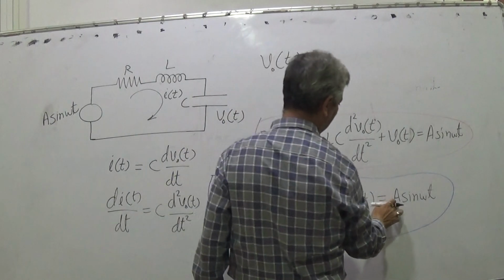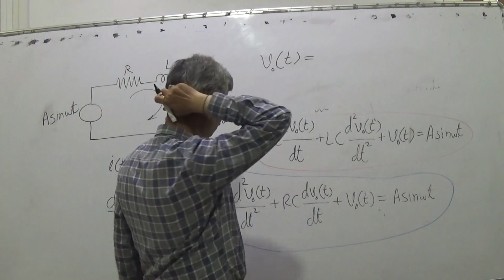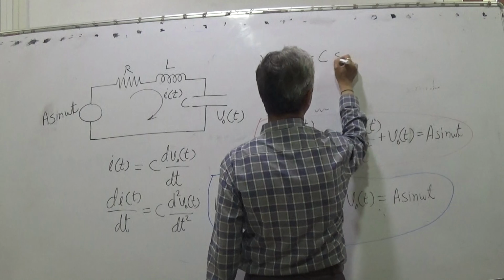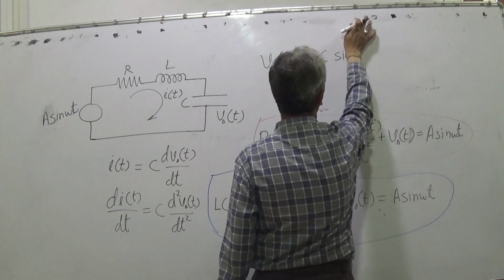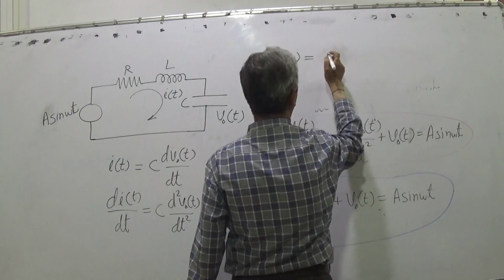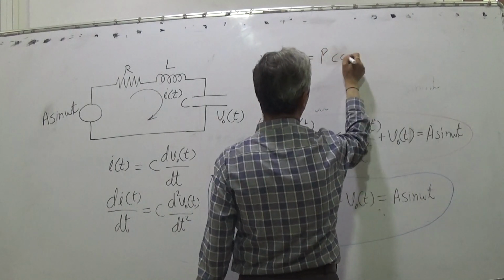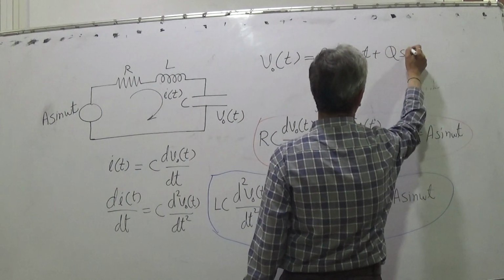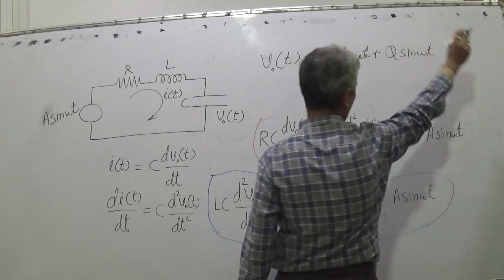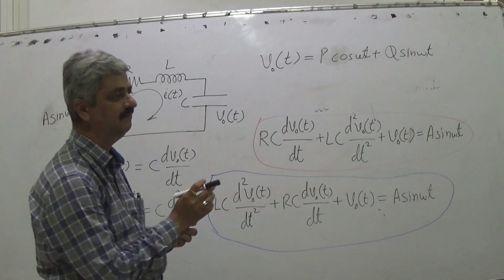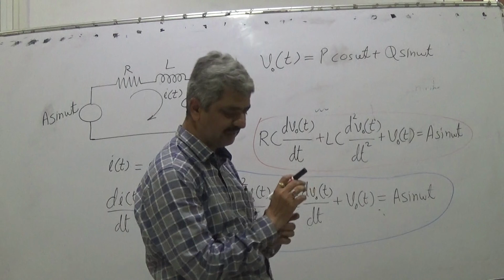We use different constants, since A is already used. So Vo(t) equals P cos omega t plus Q sin omega t, which is always an answer.